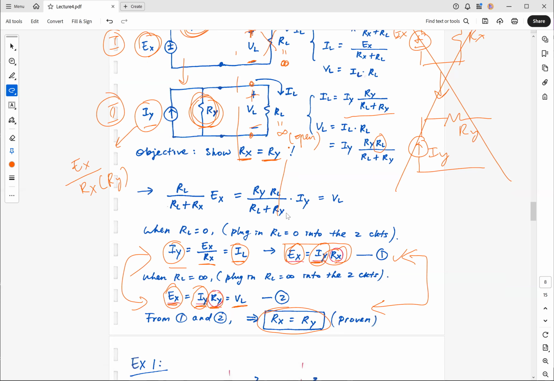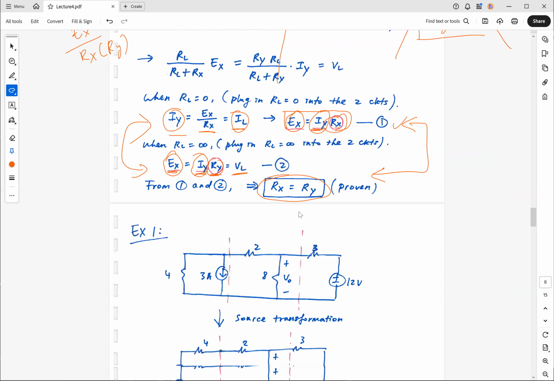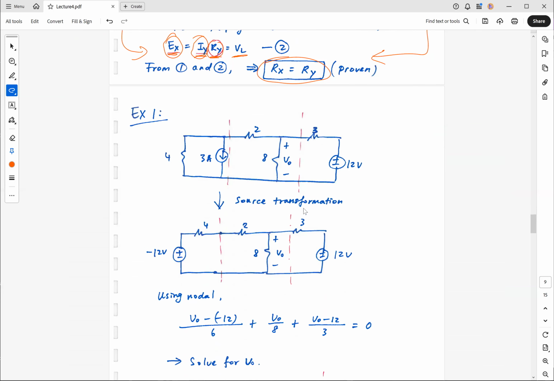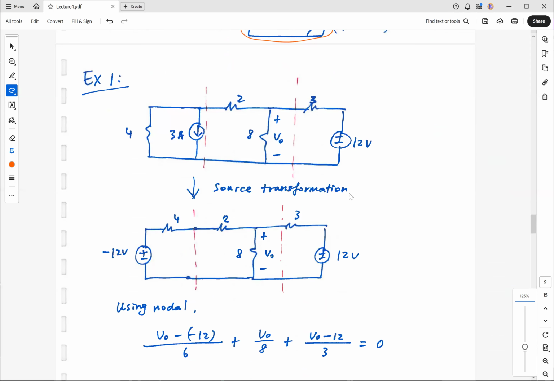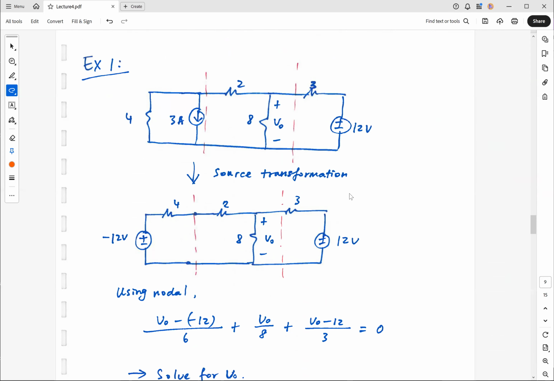I'm going to go over one example, just to show you how you go about using this technique correctly. In this first example, I have two sources, one voltage source and one current source.